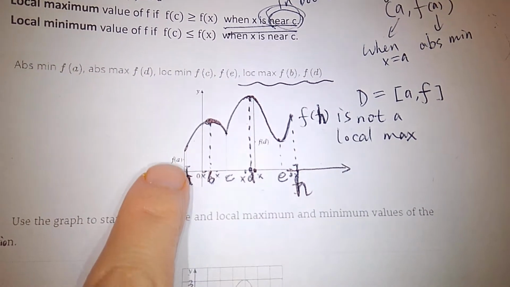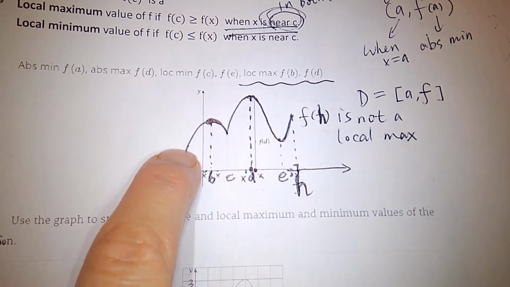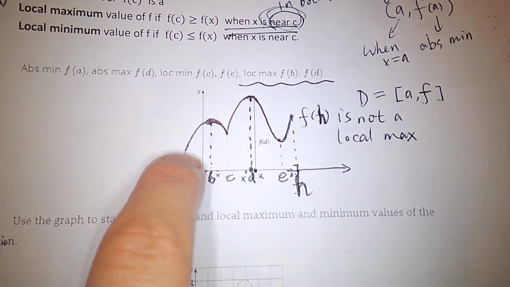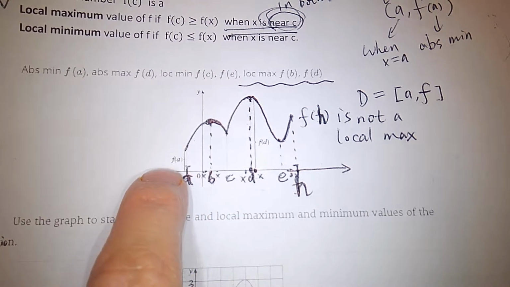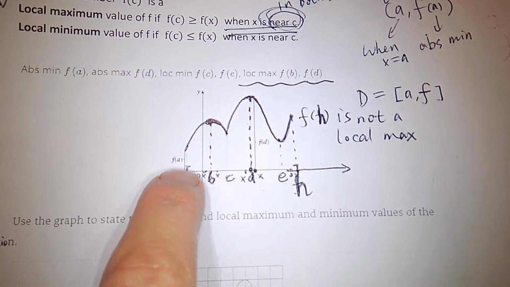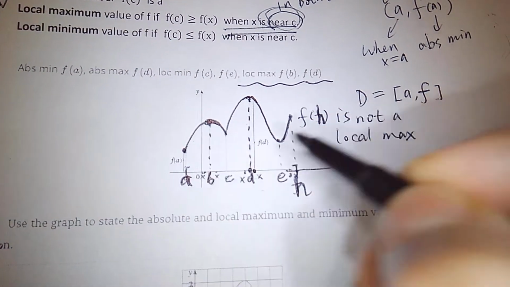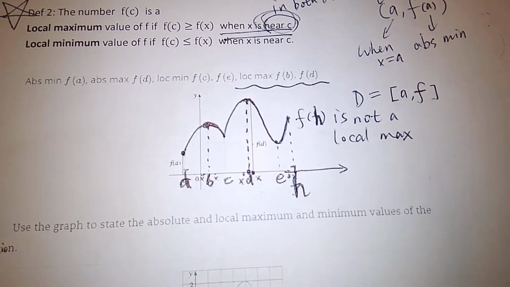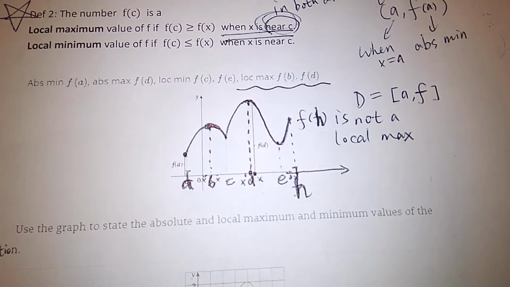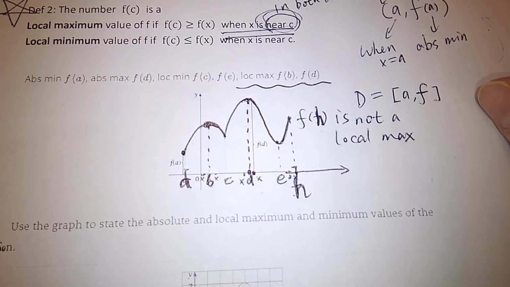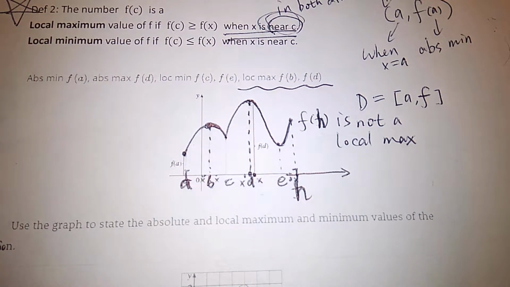Similarly, can we say f of A, this endpoint, is a local minimum for the graph? No, either. Why? Because f of A is an endpoint. At the endpoint, there's no local maximum nor local minimum. You guys understand? Okay, very good.